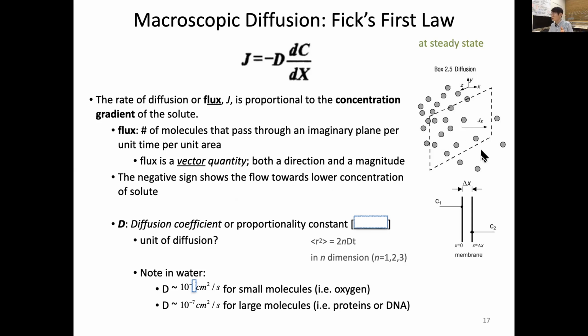Look at this example: at x equals 0 the concentration is C1, which is higher, and at x equals delta x the concentration is kept low as C2. Then we know from experience that the solute will overall move from left to right.